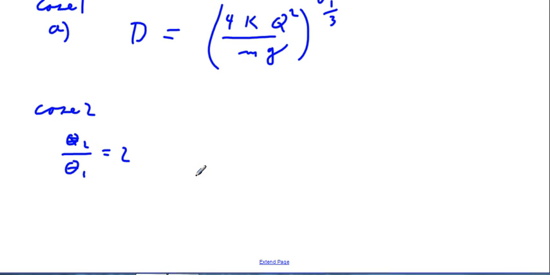So we'll go with something different. We'll say that the distance, and we'll use a capital D again, between the two is going to be L theta 1 plus theta 2, because the sine of theta is very close to theta, because theta is small.